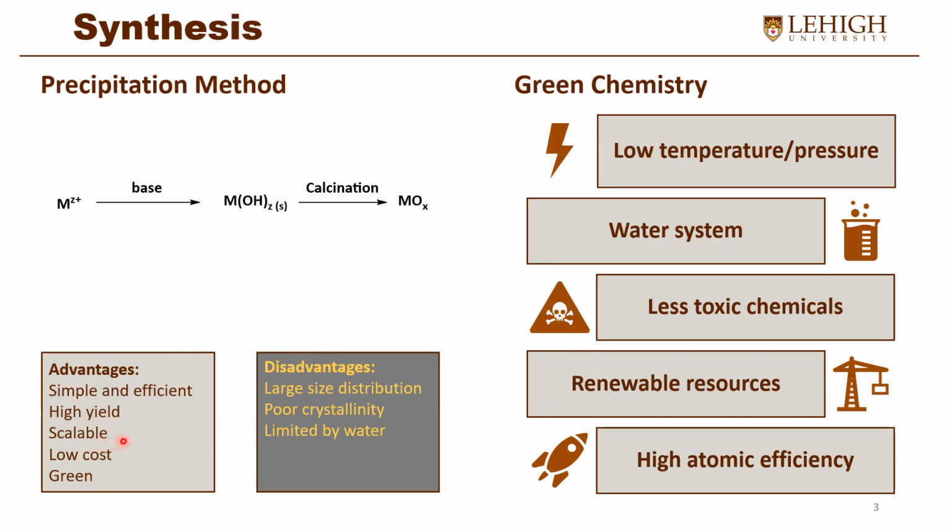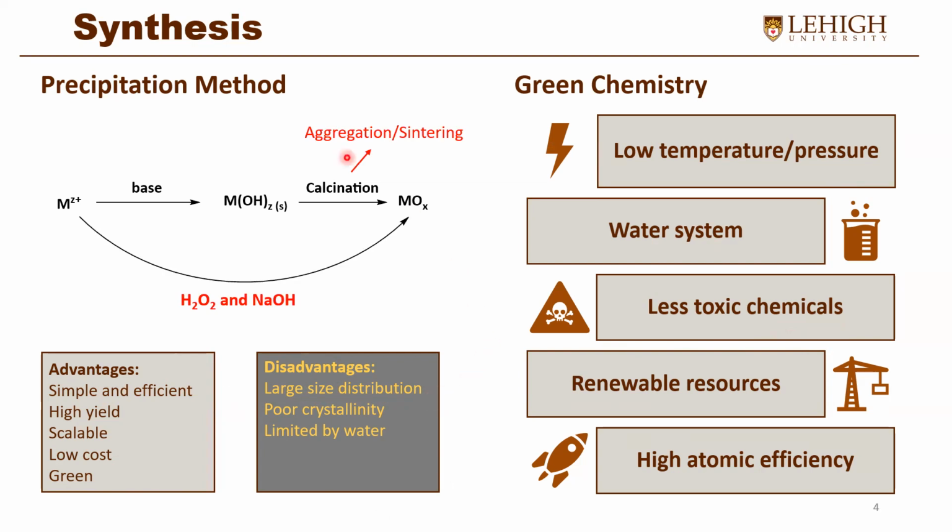It's easy to scale up, it's cheap, and it's green because the whole process is at low temperature and atmospheric pressure, the solvent is water, and it uses less toxic chemicals. However, there are some disadvantages, such as the size distribution becoming large because nucleation and particle growth happen at the same time.